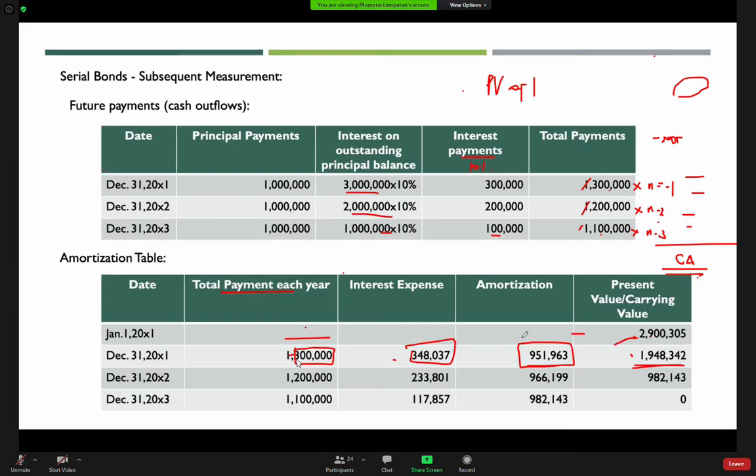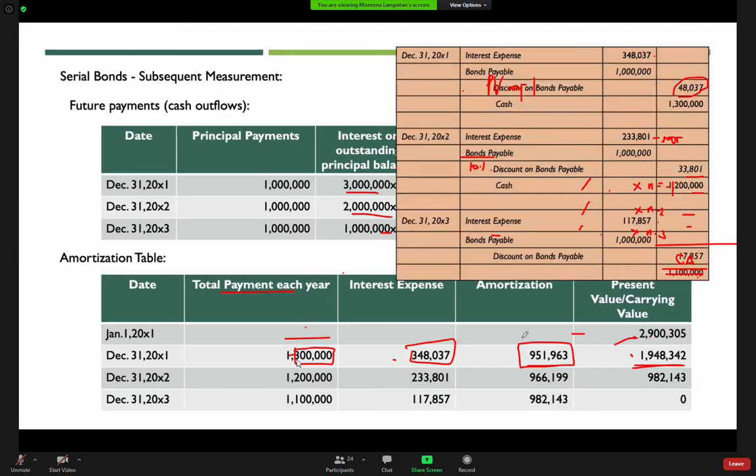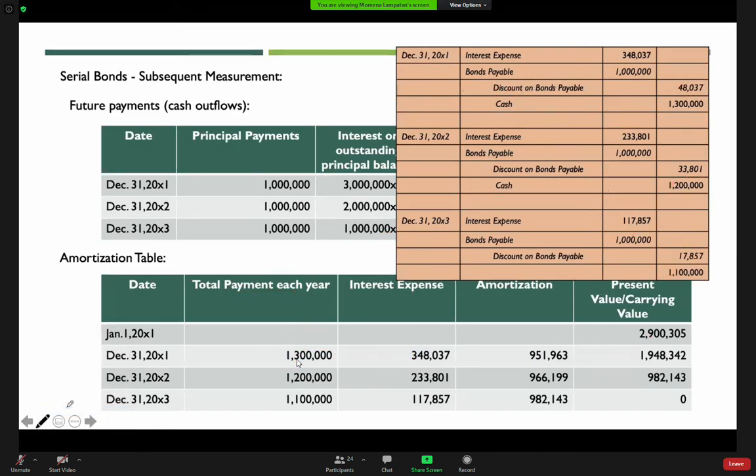Okay. So para mas maintindihan natin, let's look at the journal entry. Okay, so sa journal entry, December 31, i-cancel natin yung bonds na binayaran na natin, yung principal na nabayaran natin.